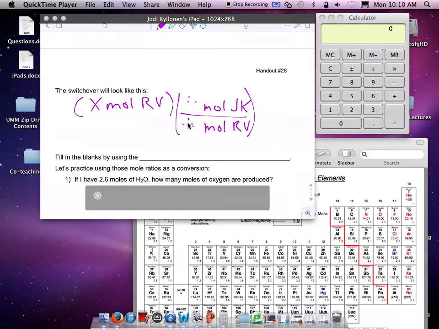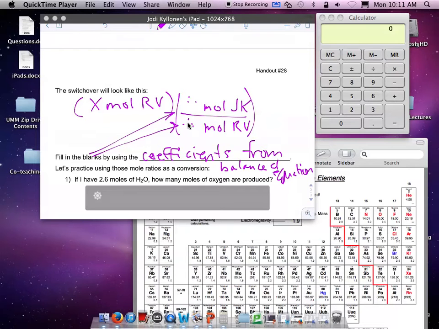And these numbers that are blank, you would fill in using the coefficients from the balanced equation. All right, you got that. To get the ratio, you just look at the coefficients. And then after that, it looks like a normal dimensional analysis problem.